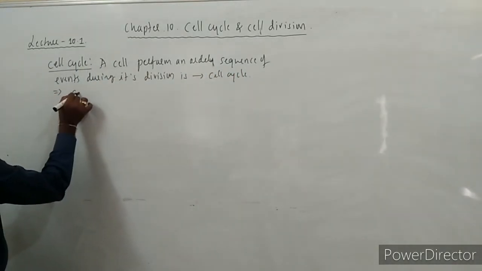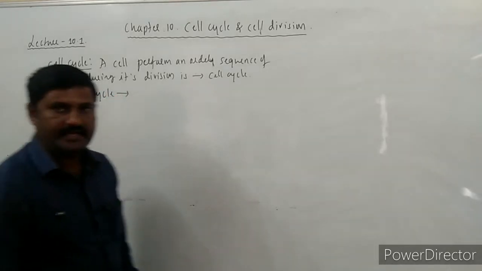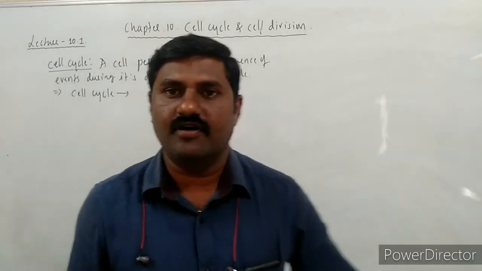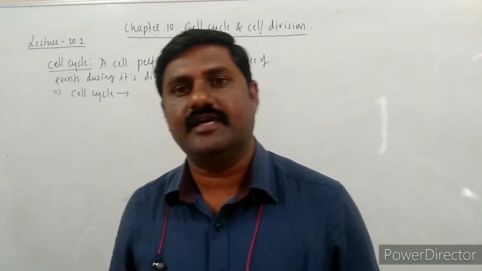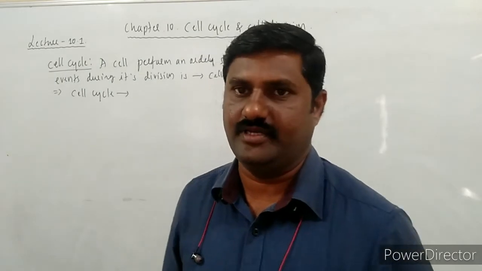During the cell cycle, what happens here is the duplication of the genetical information or the genetical material, that is DNA or the number of chromosomes.